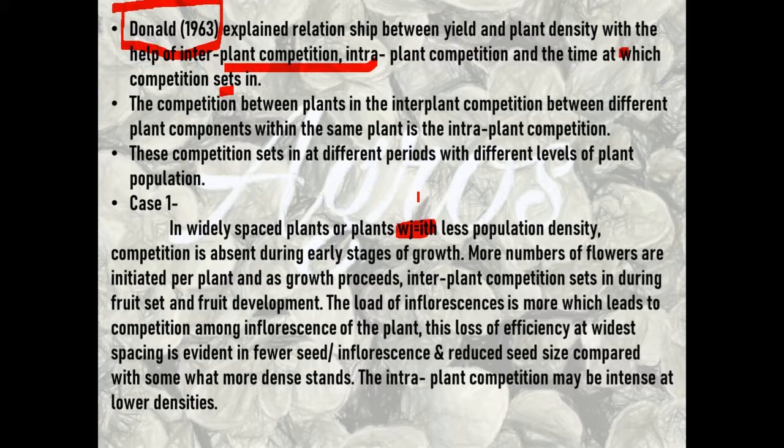As it enters the reproductive phase, a greater number of flowers and parts start to grow from the individual plants.